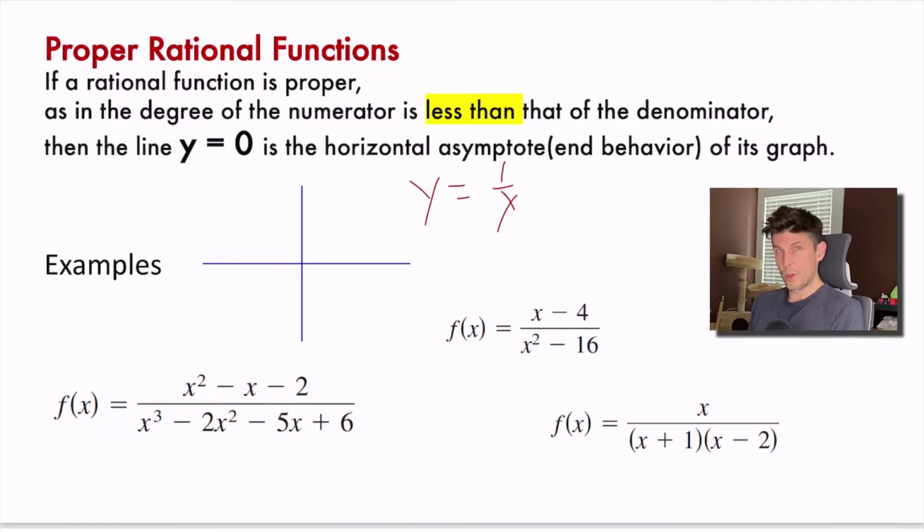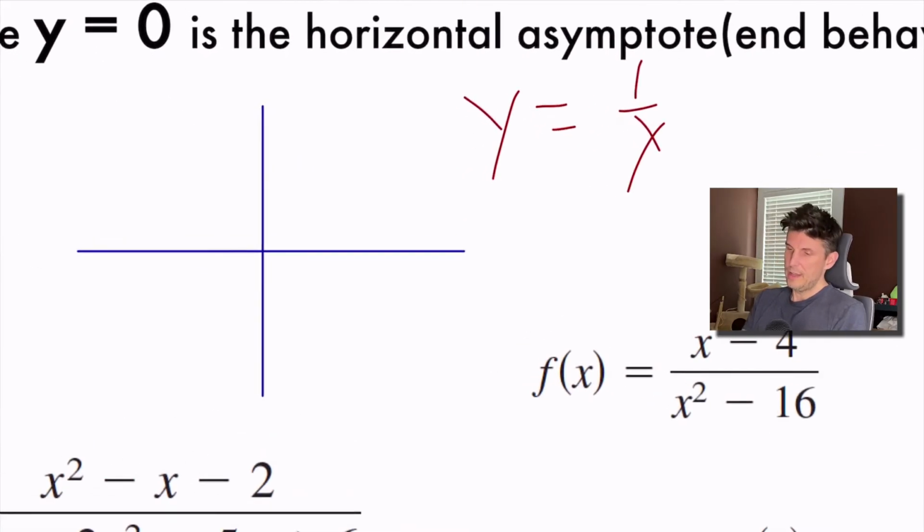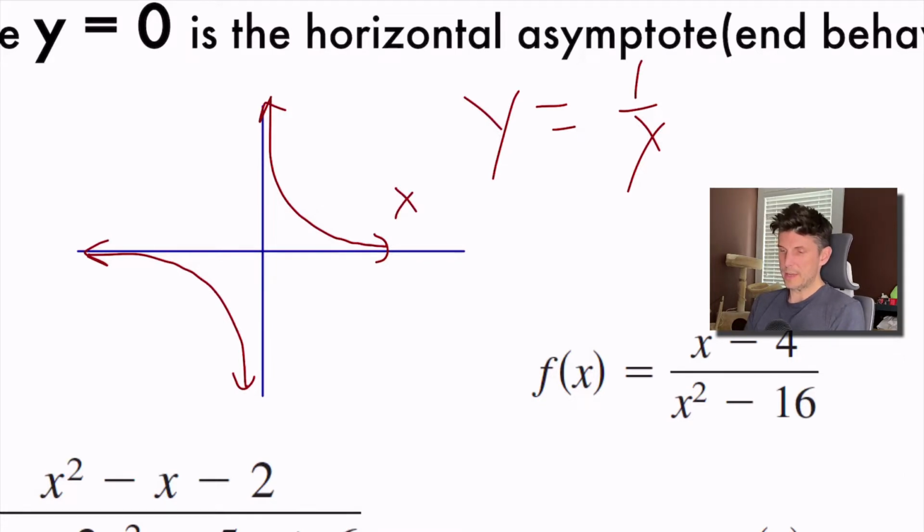But I think a lot of you know what 1 over x looks like. It does something like this in quadrant 1, and something like this in quadrant 3. So as x is going towards infinity, y is approaching 0.